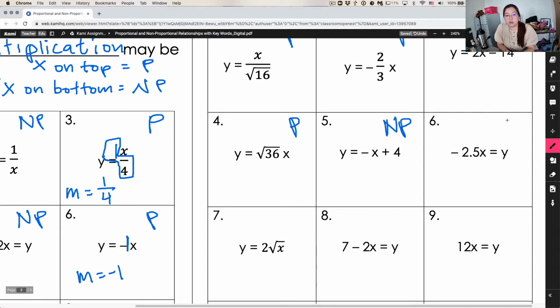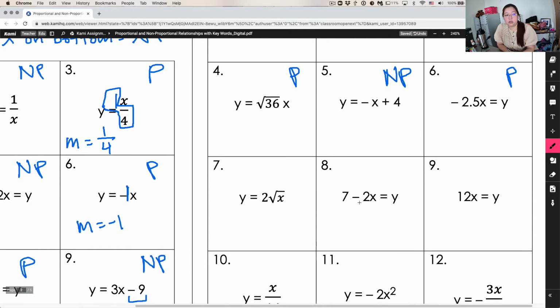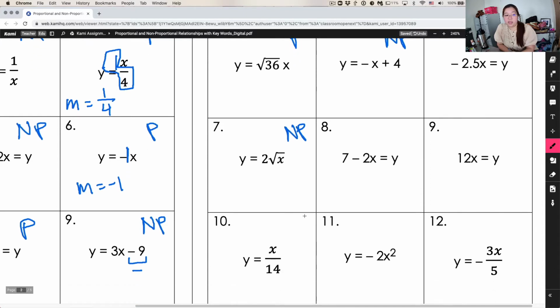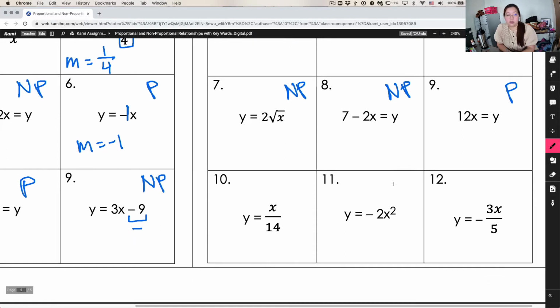Number 6, proportional. Number 7, non-proportional. Number 8, non-proportional. Number 9 is proportional. Number 10, here we go, x on top again, this is proportional. Number 11, non-proportional. And number 12 is proportional.